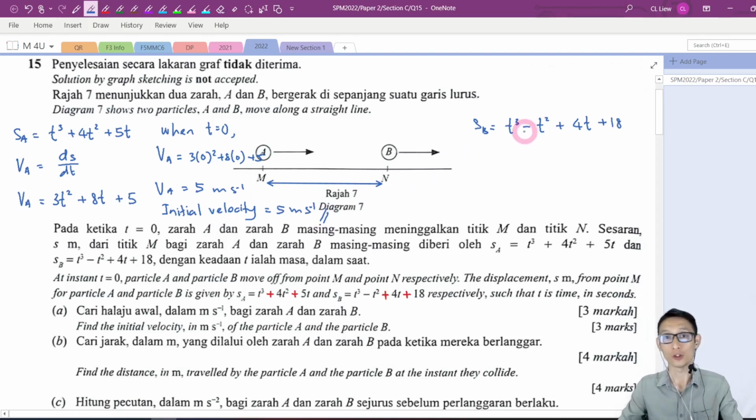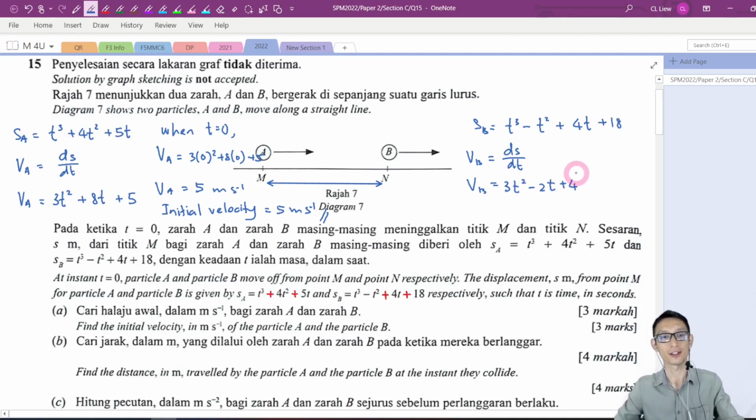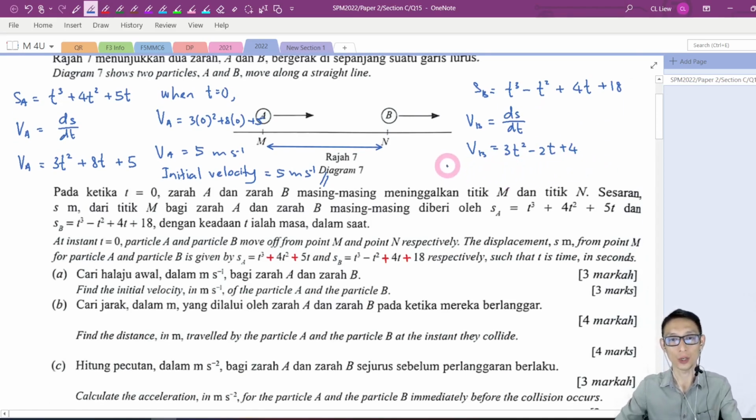Okay, now let's do the same thing for particle B. Differentiate this one: 3t squared minus 2t plus 4. Okay, so same thing when t is equal to 0. Actually, you know, right? When t is equal to 0 it is actually equal to 4.